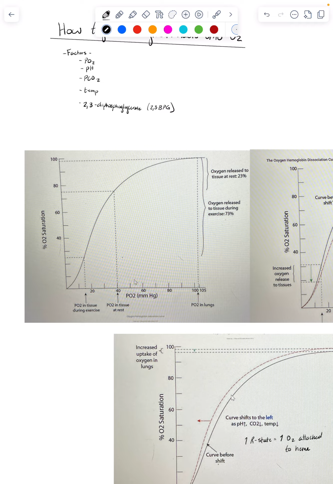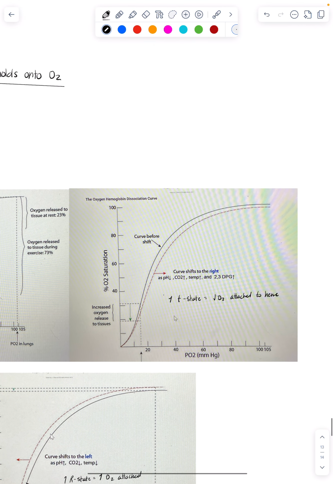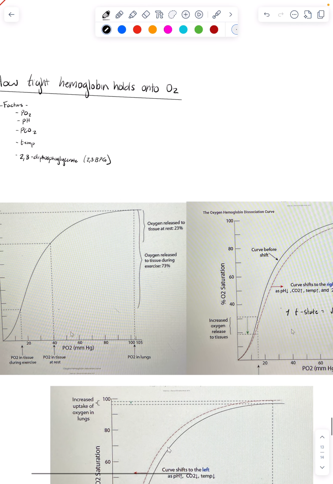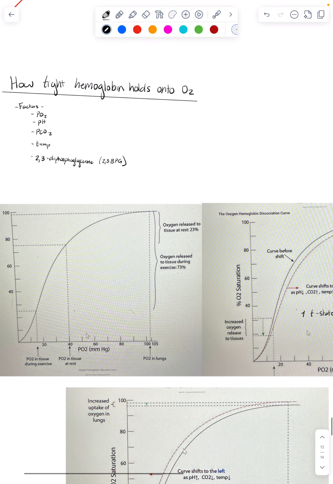But there are some things that can change that. Hemoglobin itself has an affinity to O2. But it's not always the same, because if the affinity is too high, then O2 will constantly be stuck onto hemoglobin and it'll never be released.